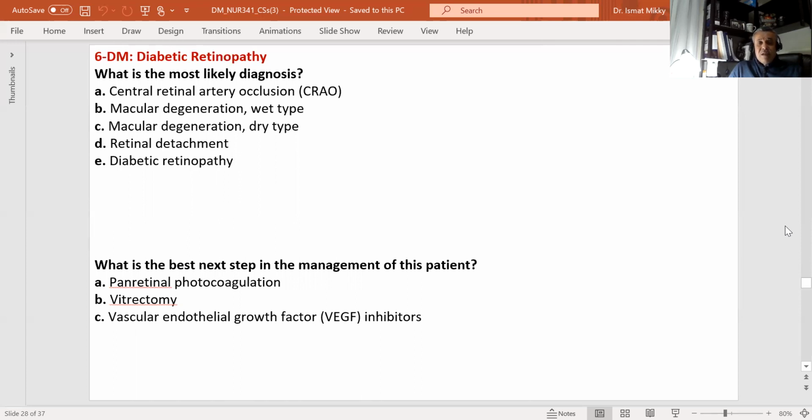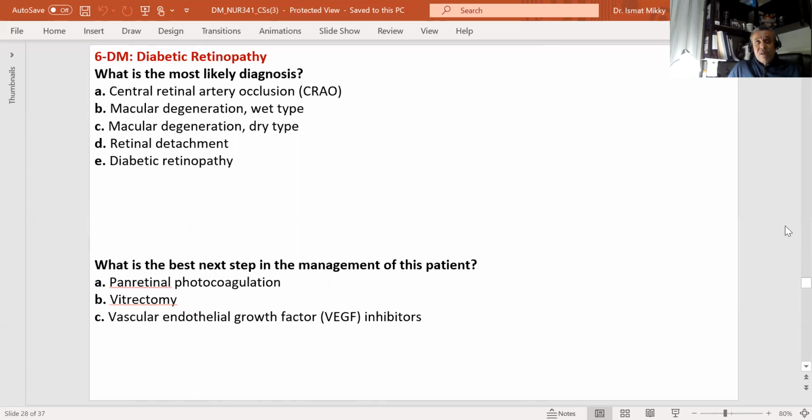The next step in the management for this patient is pan-retinal photocoagulation. And that's the best next step in the management for this patient. They will do hundreds of burns with laser therapy in the retina.